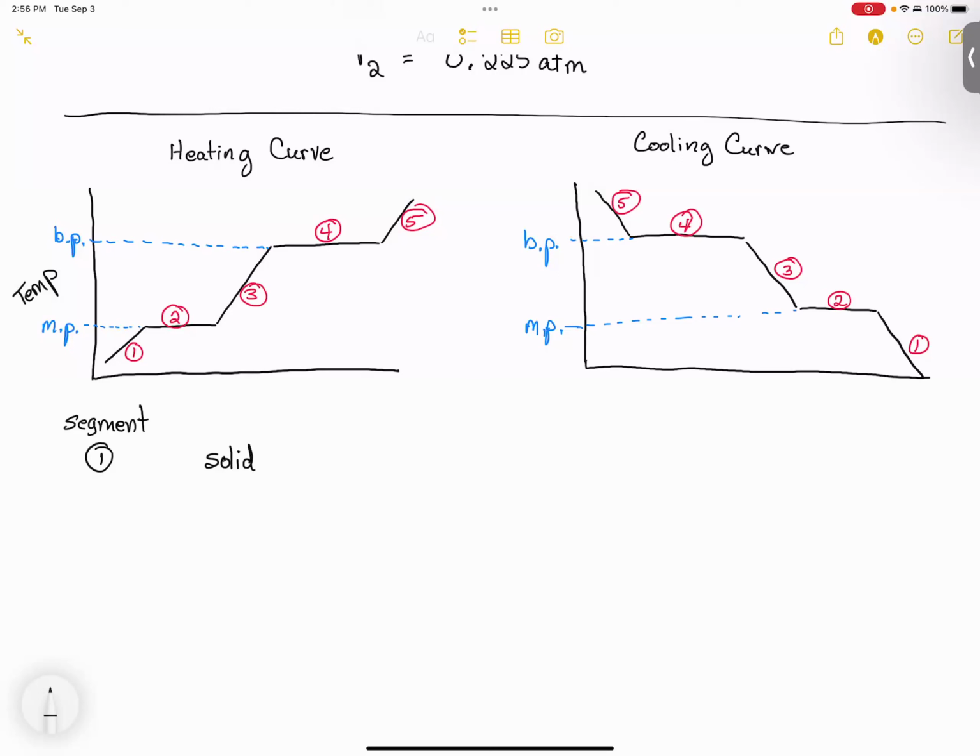We can have snow outside at -32 degrees Celsius, and it's still going to be the same hard snow at -5 degrees Celsius, even if it increased. You're still going to have snow. So in the case of water, you're still going to have the solid in the form of ice.